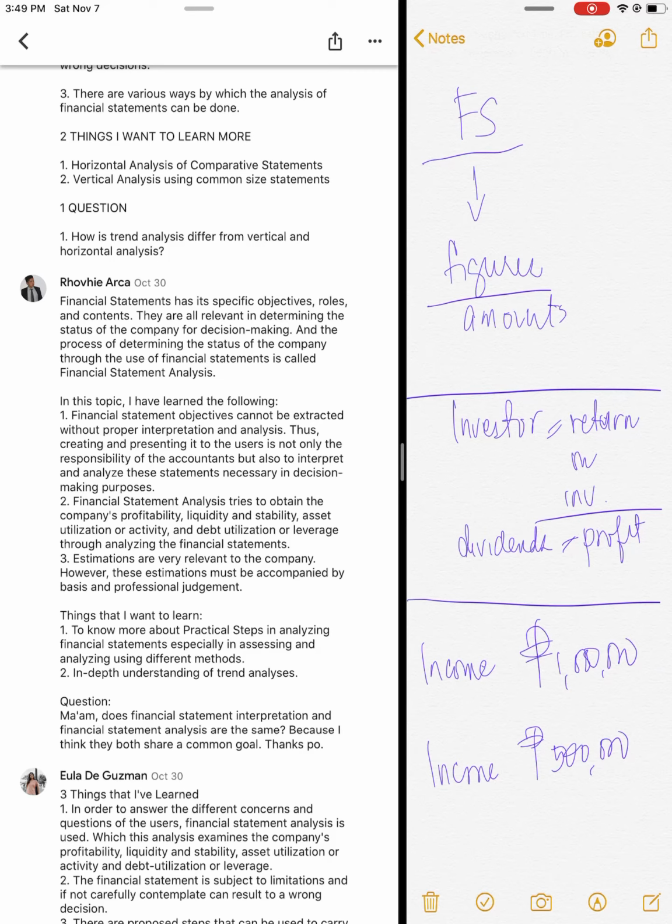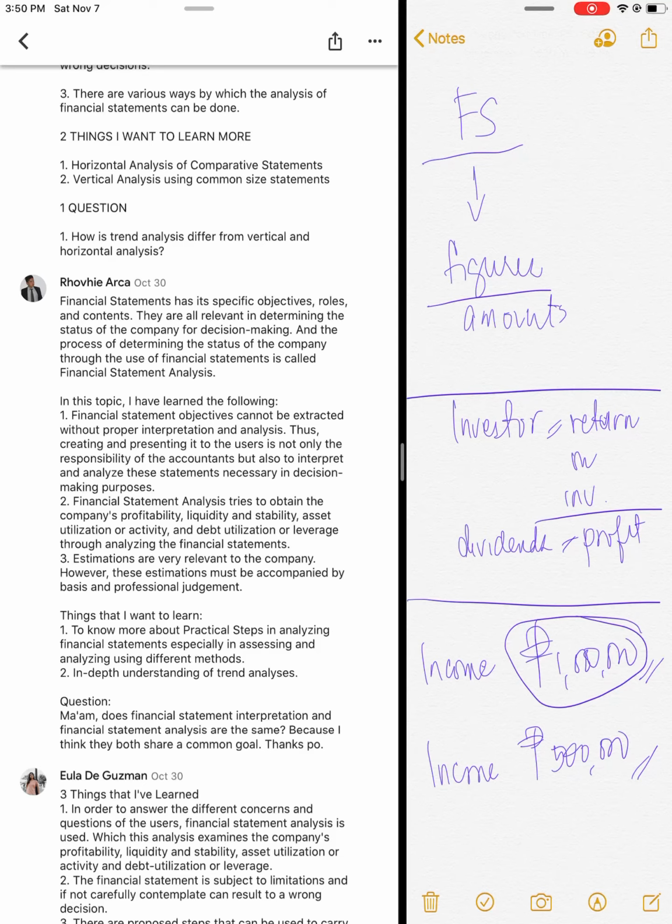So, considering this information, saan ka mag-i-invest? Doon ba sa company na may income na 1 million o doon sa company na may income na 500,000? If you solely look at the financial statement as it is, you only look at the figures as they are, well, probably, you will be investing in the company that has an income of 1 million.